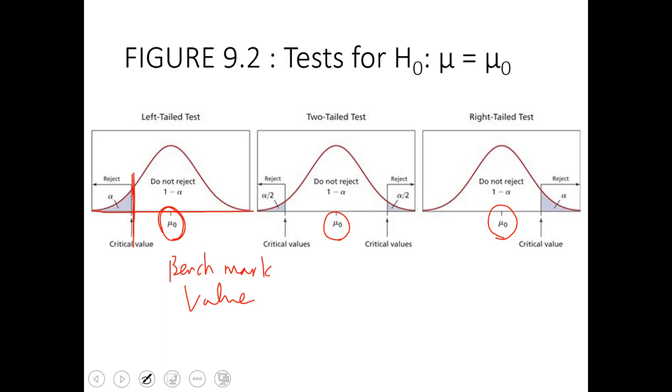So we are considering that the population mean should be the same as mu 0. But we don't have the value of the population mean, so we may calculate the sample mean.